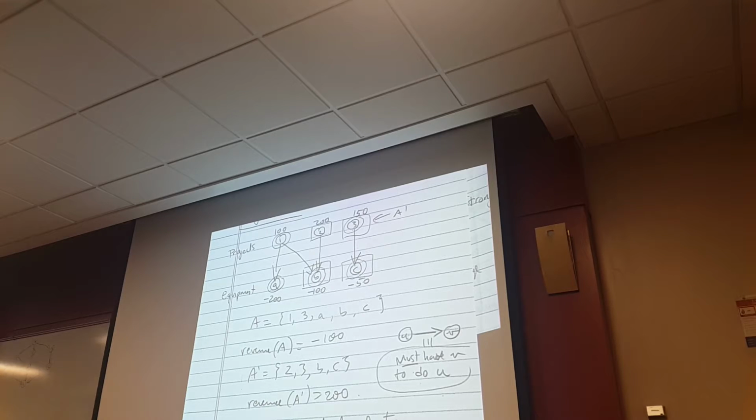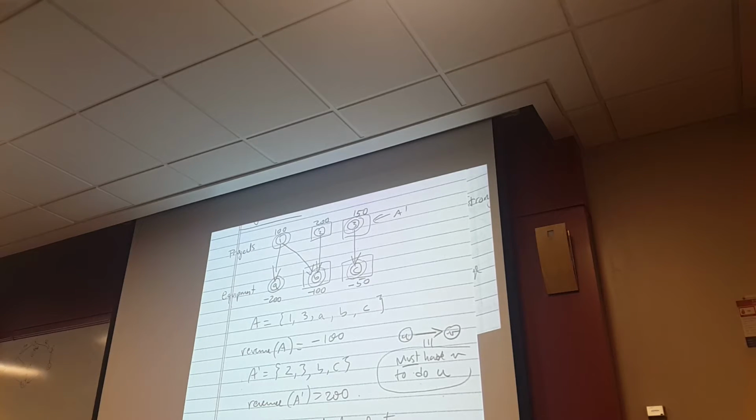Then I will put capacity. The capacity of a positive revenue generating thing is going to be just that number. So I'm going to put 100 here, and 200 and 150.